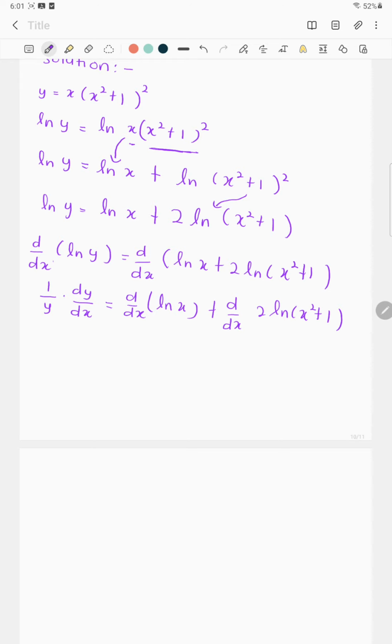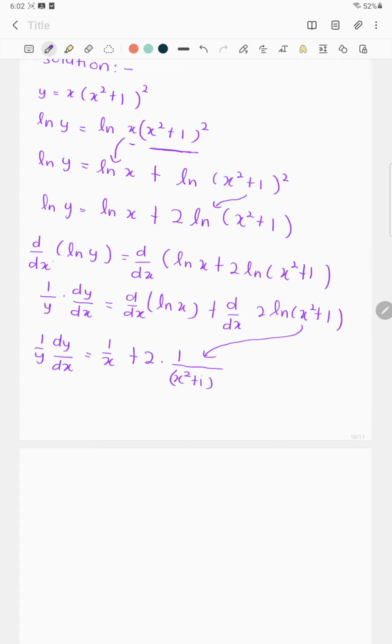Now we differentiate the right side. Differentiating ln x gives 1 over x. For the second term, the constant in front we just write back. Differentiating ln, we need to do the rational form, so we bring x squared plus 1 to the denominator.